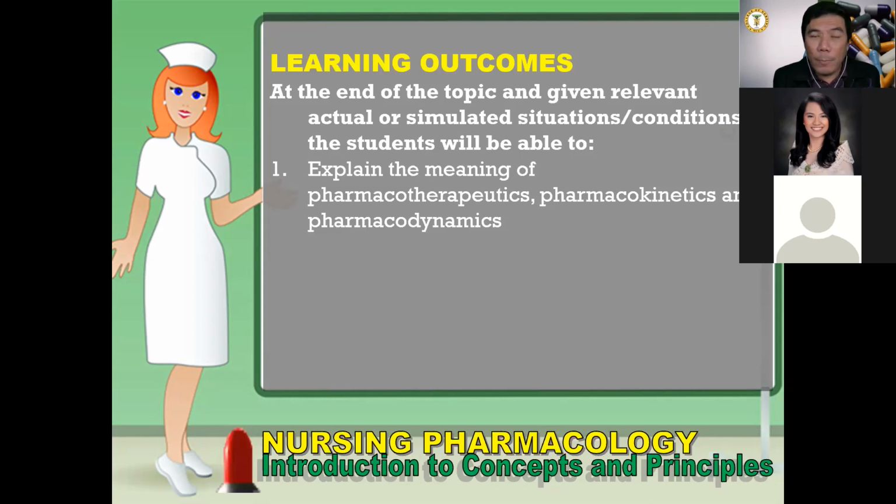Then the ambroxol, what is its purpose? To relieve or remove, to liquefy the cause of obstruction so that it will not stimulate the coughing reflex. So that's what we meant by pharmacotherapeutic.